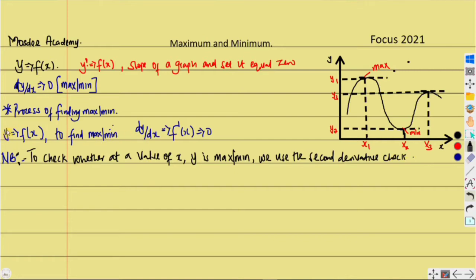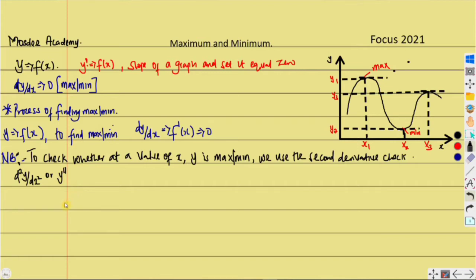Now the second derivative check we call in mathematics: the derivative of y is dy/dx, which is f prime of x. When you say second derivative check, we write it in the form of d squared y over dx squared. If you don't want to write it like that, you can also write y prime prime. Remember, y prime is the first one and y prime prime is the second one.